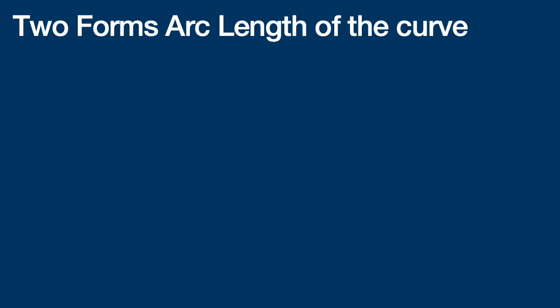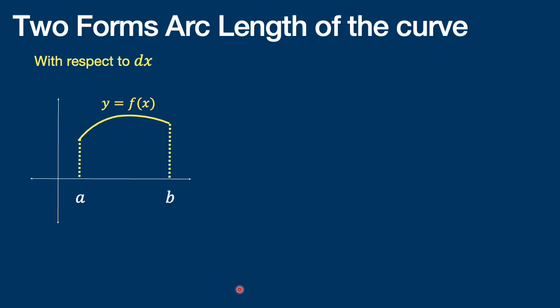Let's summarize the two cases. First, if we have a curve y equals f of x, in that case we integrate with respect to dx. So y equals f of x, and we want to find the arc length between a and b.